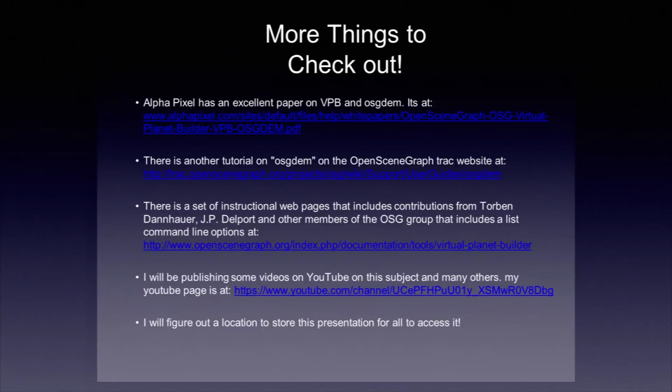Here's more stuff that is useful to check out. One of them, of course, is from AlphaPixel. If you can't see this, you could probably Google it just by my description here. AlphaPixel has an excellent paper on GDAL and OSG DEM, and there's the link to it.